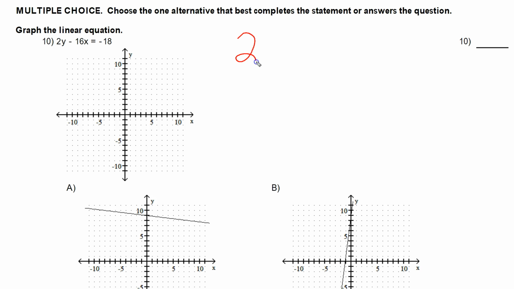I would go 2y, transpose this over to the other side as a positive 16x, minus 18. And now divide everything by 2.